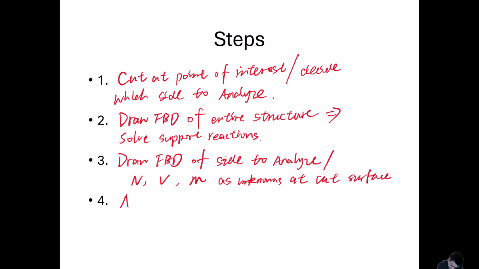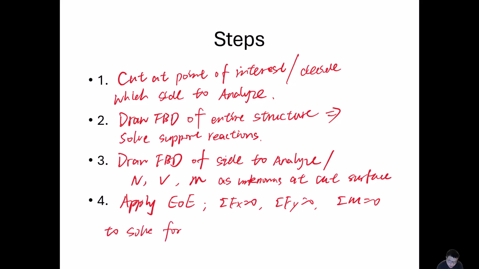And the last step is to apply the equations of equilibrium: sum of Fx equals 0, sum of Fy equals 0, sum of M equals 0, to solve for the unknowns. That's the procedure for this type of problem.